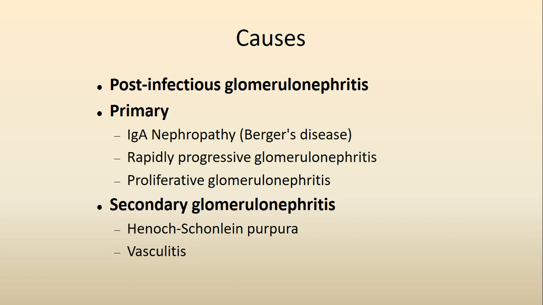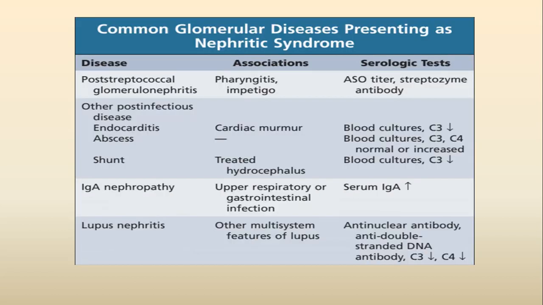Rapidly progressive glomerulonephritis means the lesion appears suddenly, with no prior history of renal disease. Then proliferative glomerulonephritis. Secondary causes of glomerulonephritis: Henoch-Schonlein purpura and vasculitis.